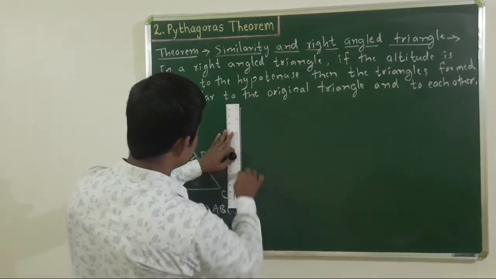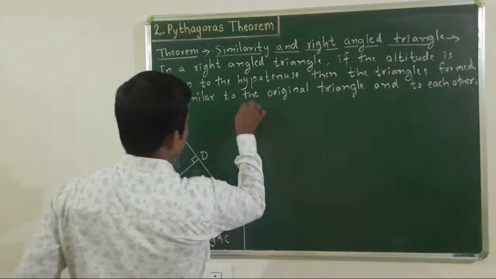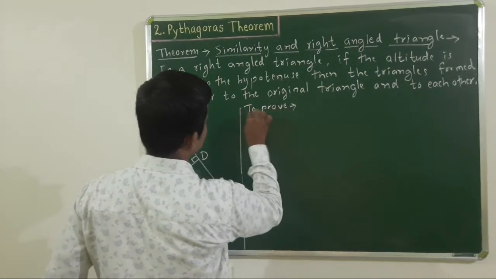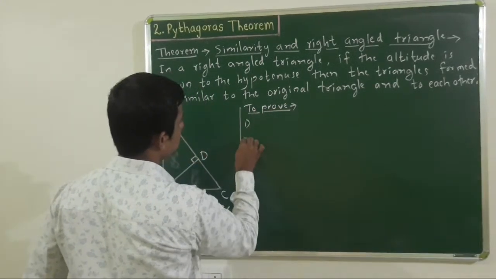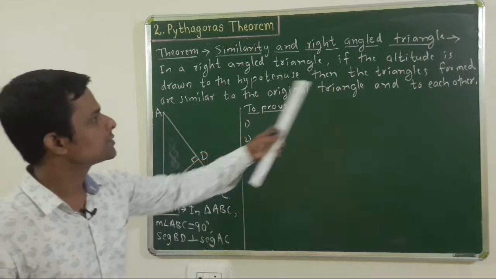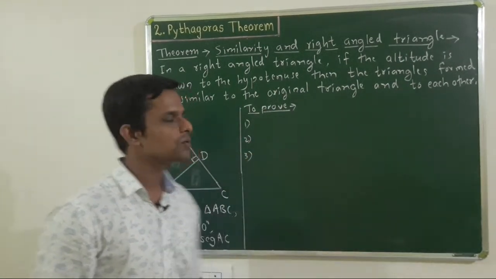Then what is to prove? That is very important. To prove: number 1, number 2 and number 3. We have to prove the triangles formed are similar to the original triangle and similar to each other.